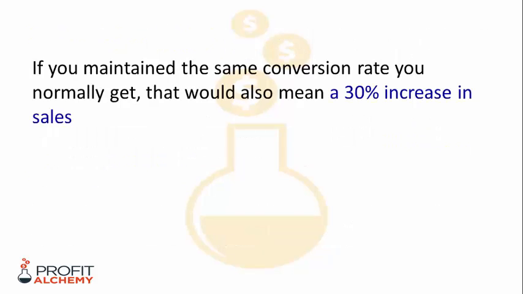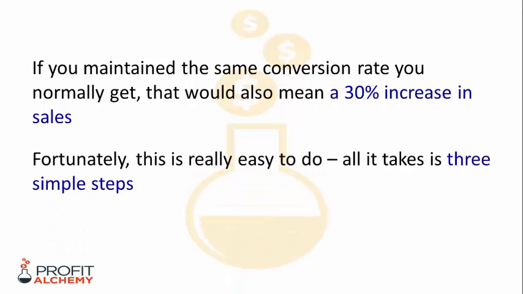Now, if you maintain the same conversion rate that you normally get, and you got 30% more people to opt in, that would also mean a corresponding increase of 30% in sales. Fortunately, this is really easy to do. All it takes is 3 steps, which I'm going to take you through here right now in detail.